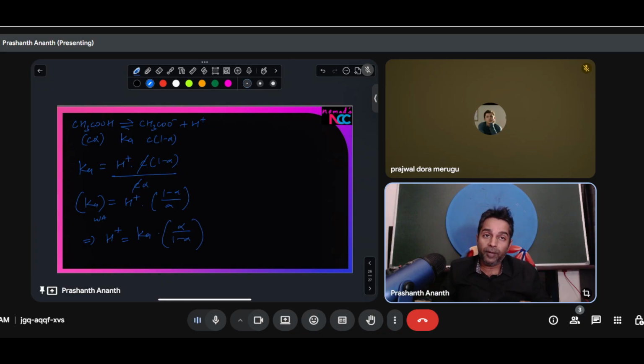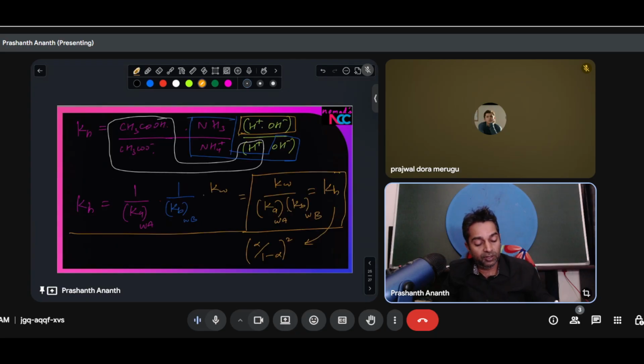Now alpha by 1 minus alpha whole squared we got in the previous page as Kh. So this basically translates as alpha by 1 minus alpha is equal to square root of Kh, which can of course be written as square root of Kw by Ka into Kb.